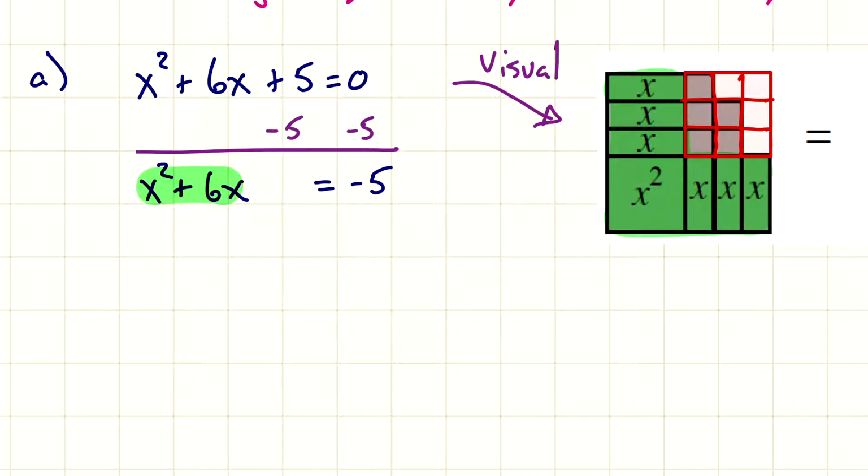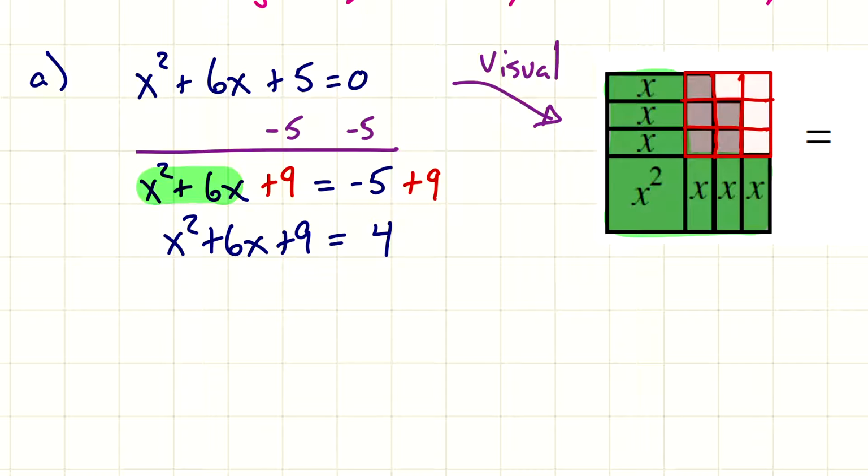So in the picture, what we're trying to add is 9 to both sides. So I'm going to put a plus 9 and a plus 9 to both sides. When we simplify this, this is going to be x squared plus 6x plus 9 is equal to negative 5 plus 9, which is 4.